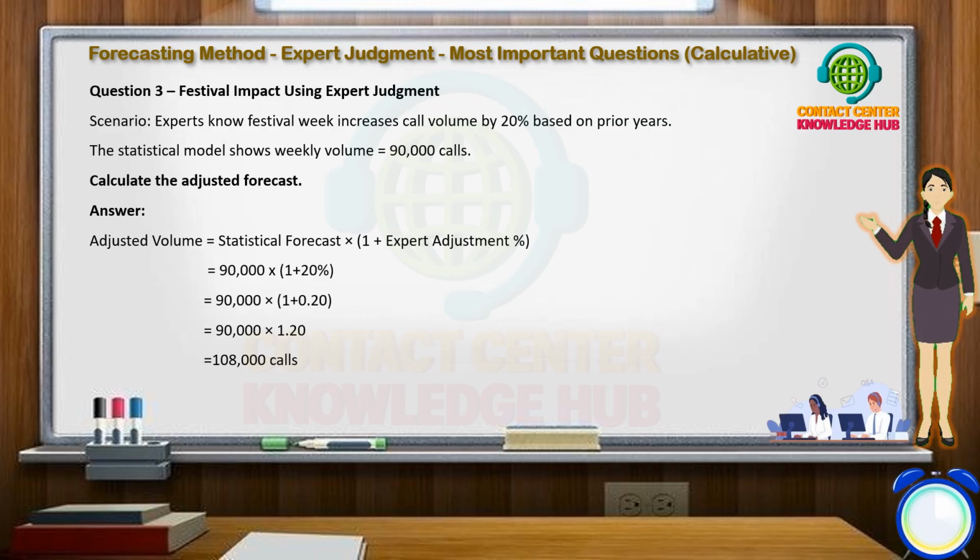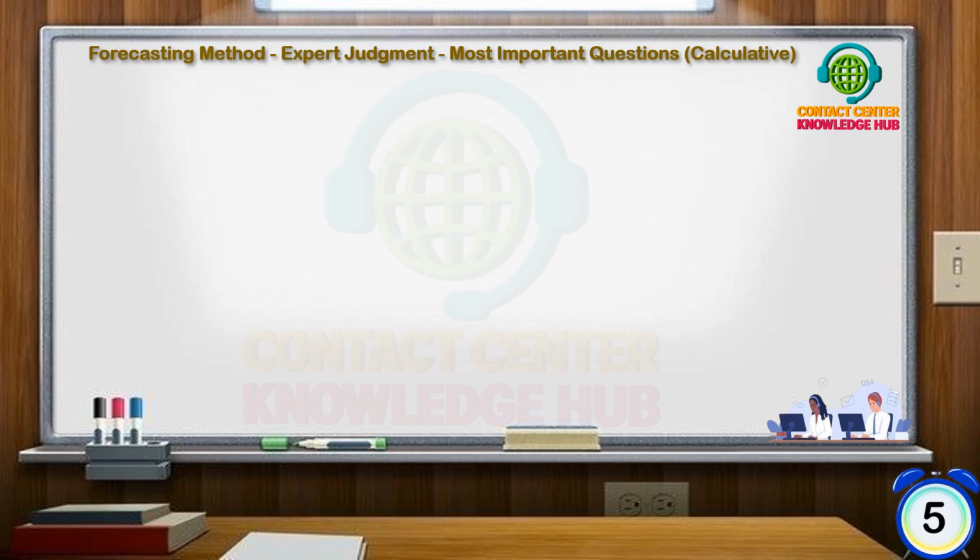Substituting the values: 90,000 multiplied by 1 plus 0.20. This simplifies to 90,000 multiplied by 1.20. When calculated, the adjusted forecast equals 108,000 calls. This final forecast reflects the expected festival-driven demand surge, ensuring staffing and capacity plans are aligned with real-world conditions.